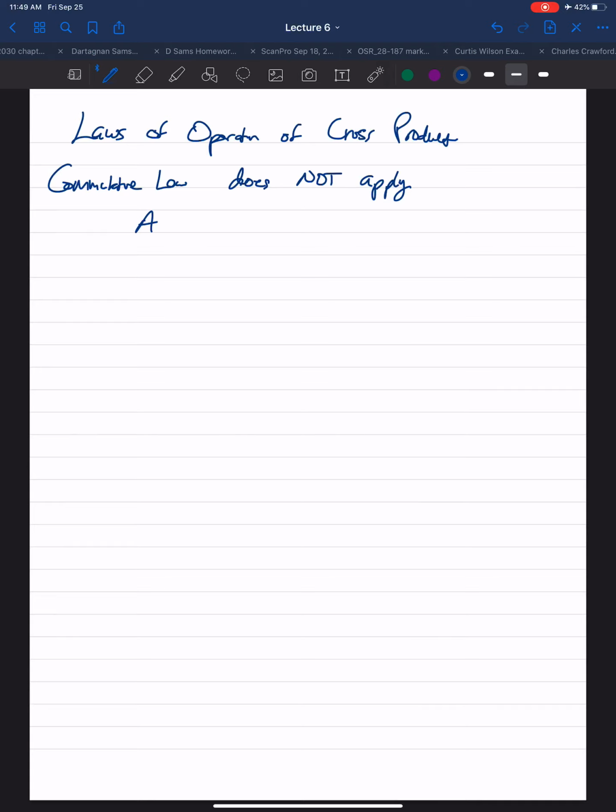Vector A cross vector B does not equal vector B cross vector A. Instead, vector A cross vector B is equal to minus vector B cross vector A.